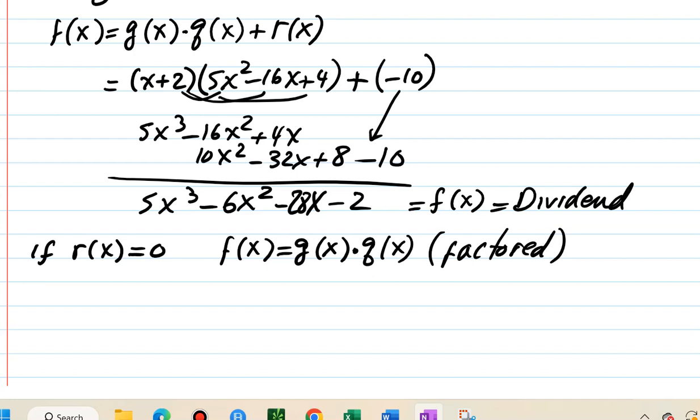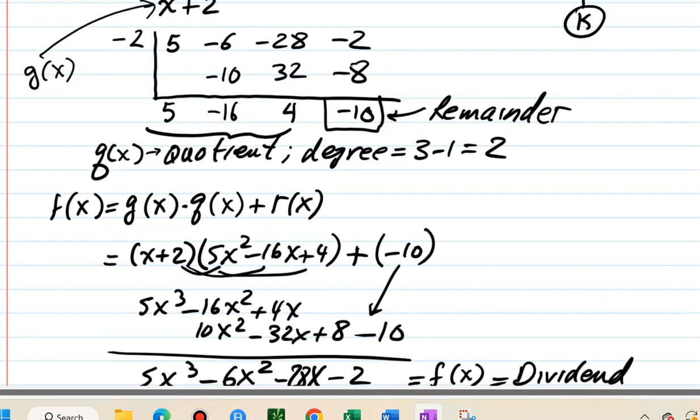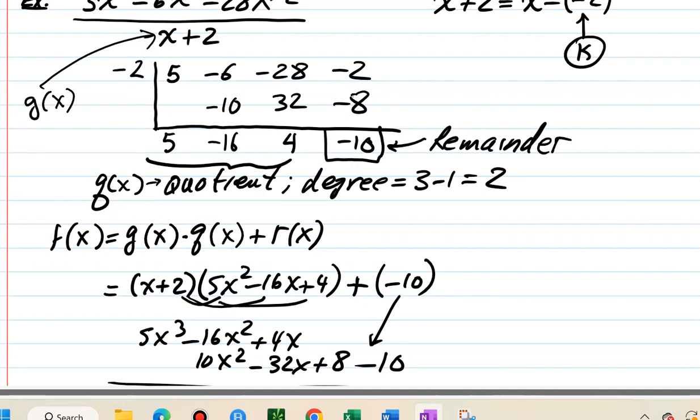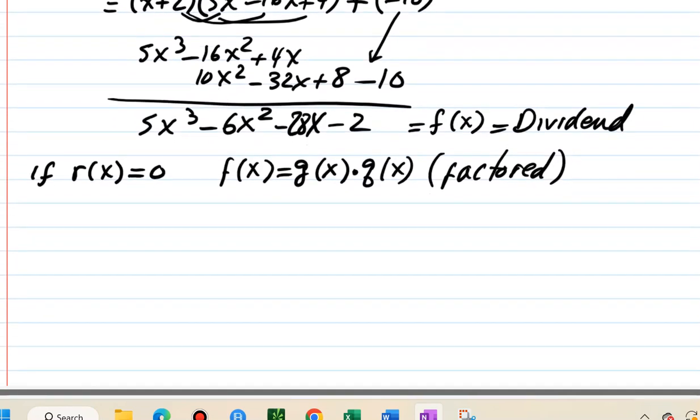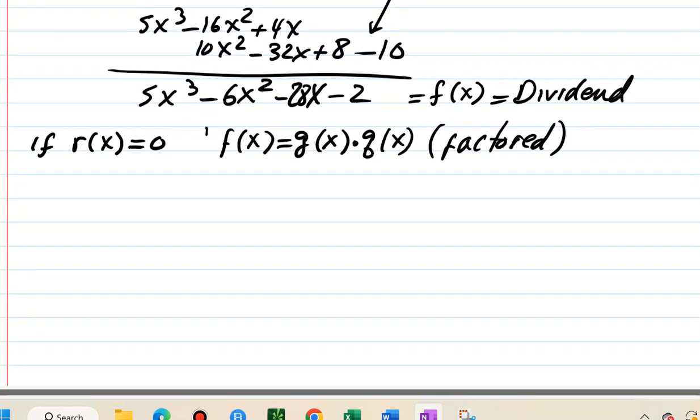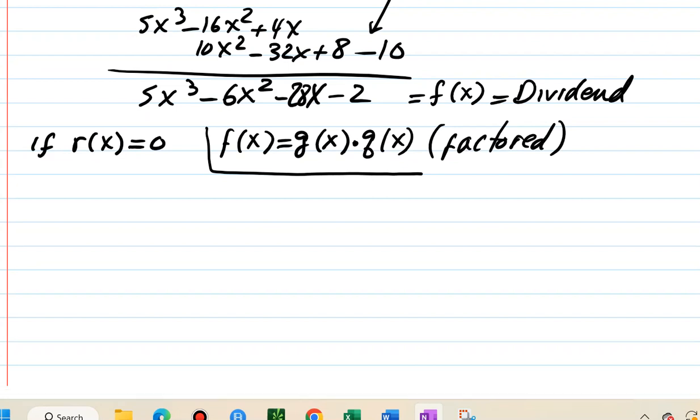Perfect. So that's what synthetic division is. As you just saw from this example, when we do synthetic division, the remainder is the number at the end, in the third row of the synthetic division table. If that remainder is 0, the polynomial, the numerator, can be written in factored form.